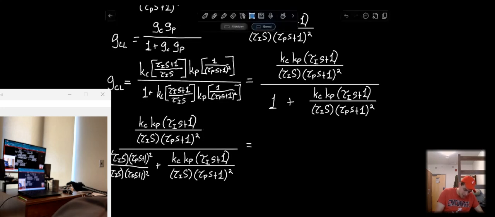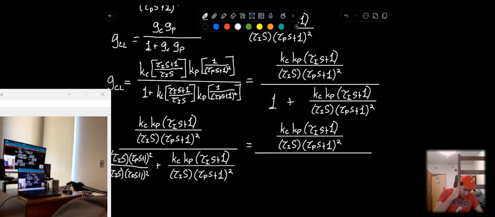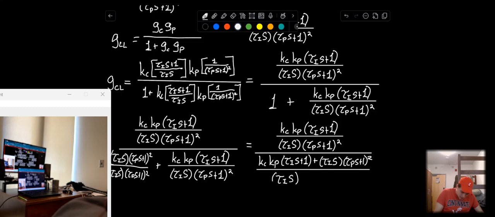So again, this will remain on the top. And what are we going to have? We're going to have Kc Kp (tau_I s plus 1) plus tau_I s (tau_p s plus 1) squared over tau_I s (tau_p s plus 1) squared.